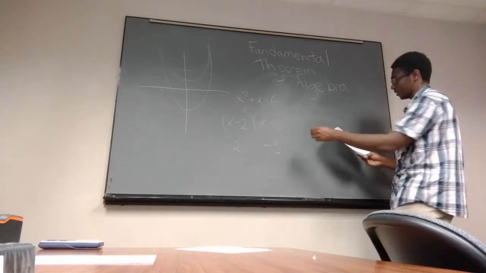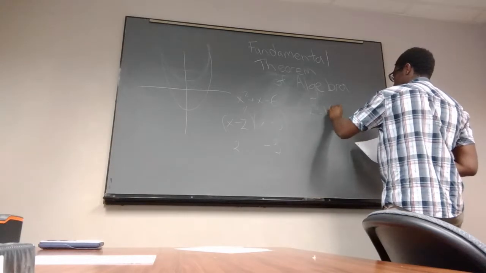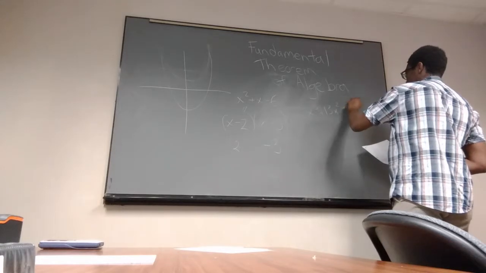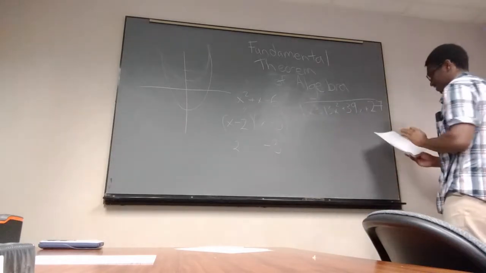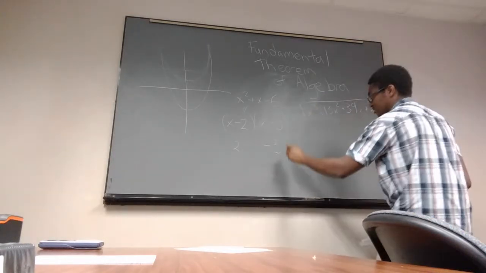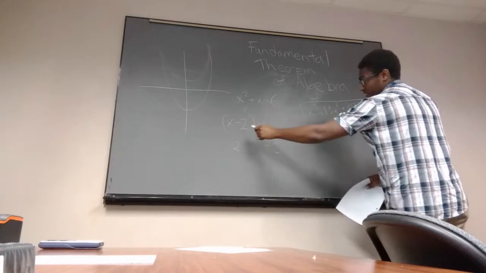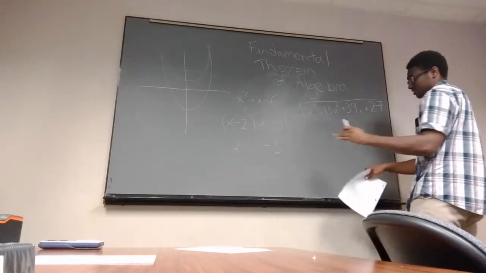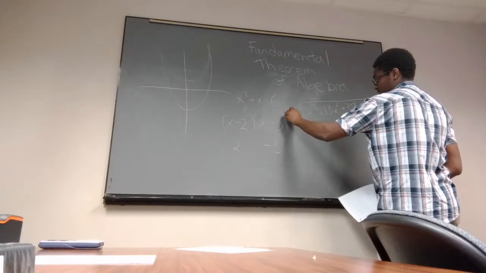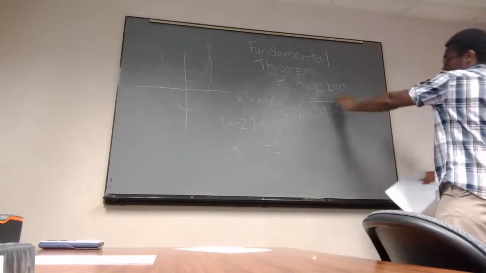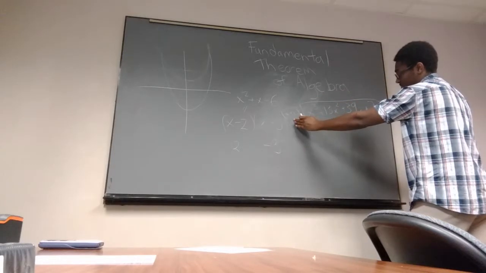So if you start with a cubic polynomial, say like x cubed plus 13x squared plus 39x plus 27, and if I tell you that one of the roots is going to be negative 1, that means that one of the factors of the polynomial, if you write it out as individual factors with each one just an x term and then plus or minus some number, is x plus 1, and that means that we can divide out x plus 1, and we're going to get some other polynomial here, which is going to be, if you multiply this polynomial times x plus 1, you're going to get this.